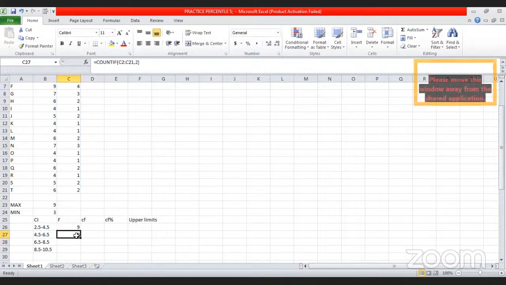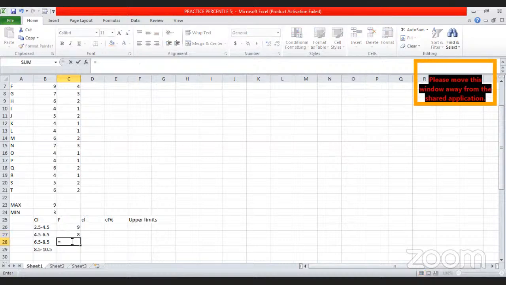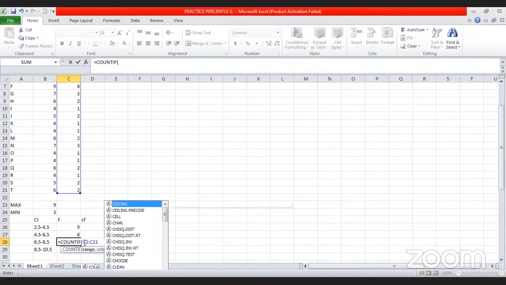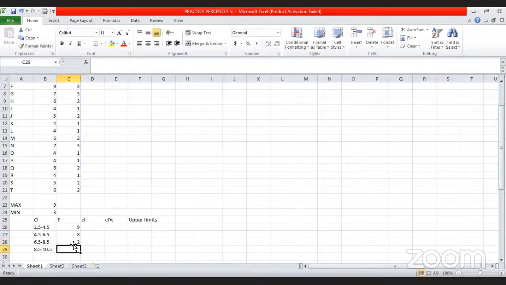Eight. That means there are 8 scores within 4.5 to 6.5. Again equal to COUNTIF the range C2 to C21, comma 3, bracket close, enter. 2. That means there are 2 scores within the class interval of 6.5 to 8.5.